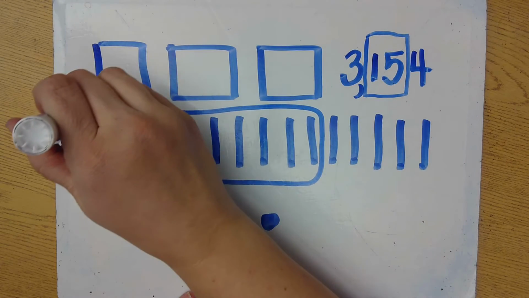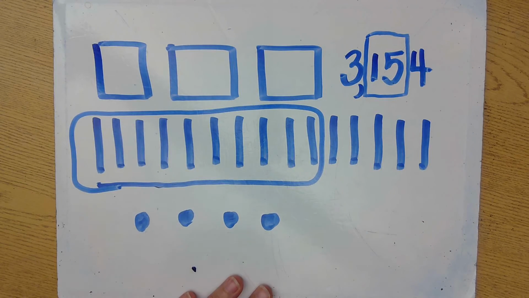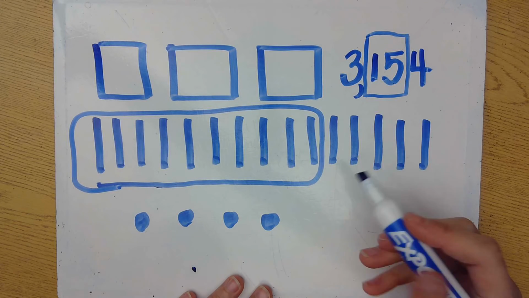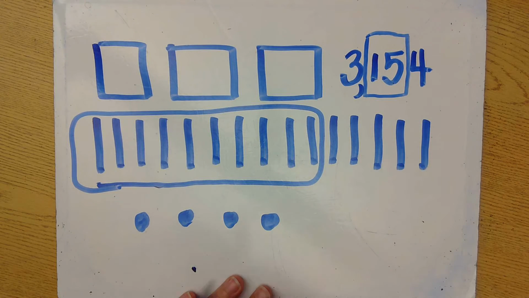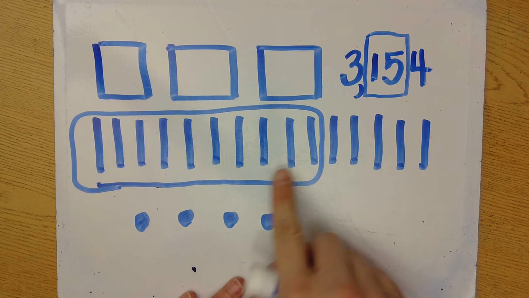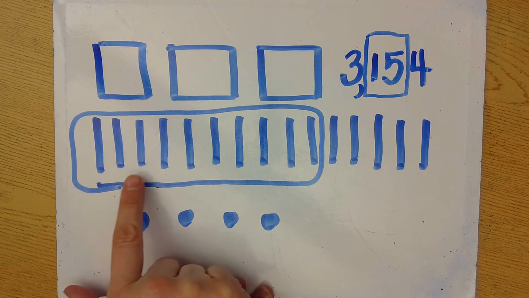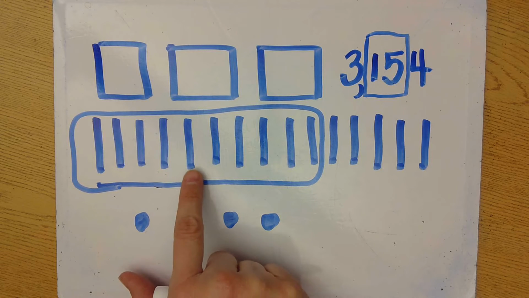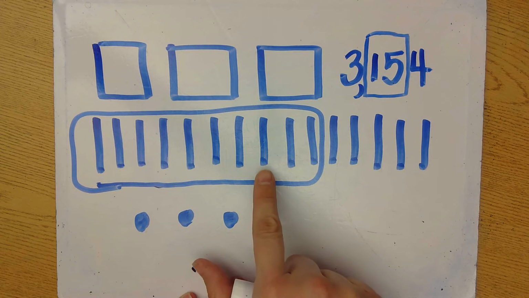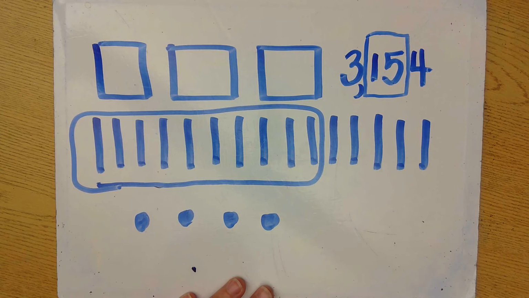I'm going to go ahead and just circle 10 of these. And I have 1, 2, 3, 4, 5 longs left. Now, I circled 10 of these. I know that 10 longs makes 100. Count with me. 10, 20, 30, 40, 50, 60, 70, 80, 90, 100.